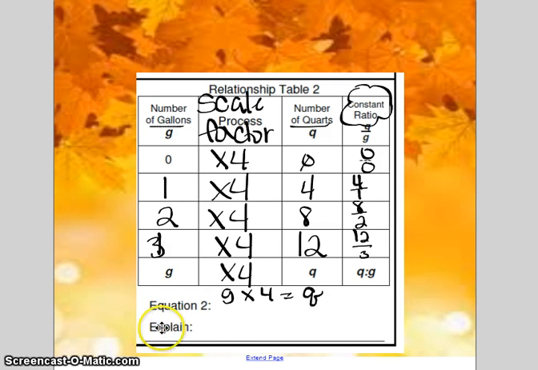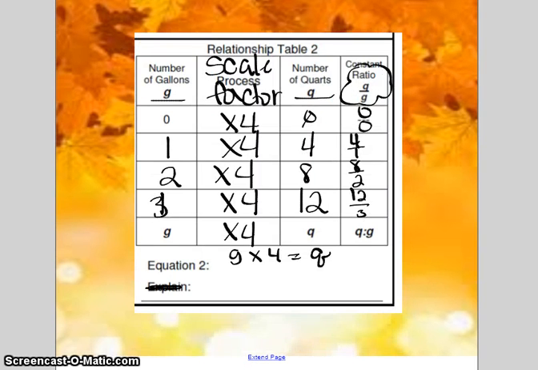So scratch this out and you're going to put scale factor. And my scale factor for this is times 4.